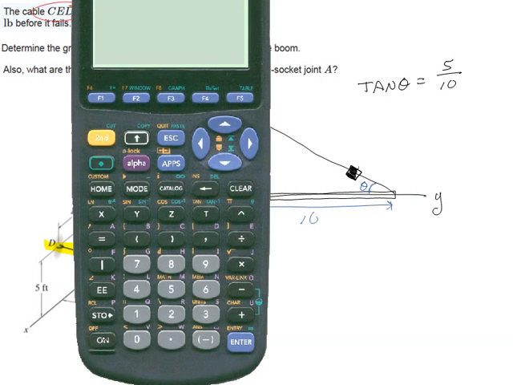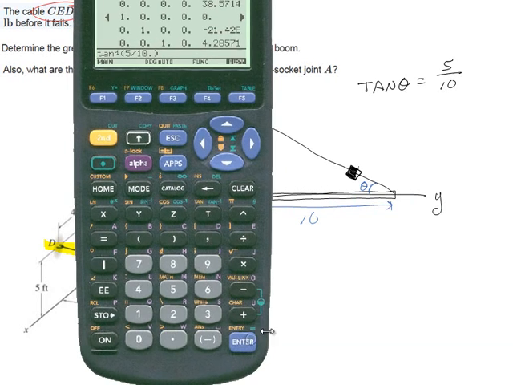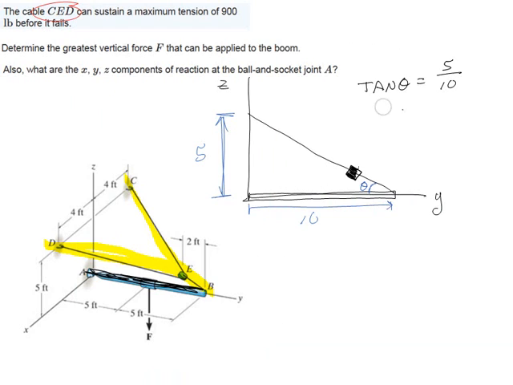So the inverse tangent of 5/10 is 26.6 degrees. Okay, so that's 26.6 degrees.